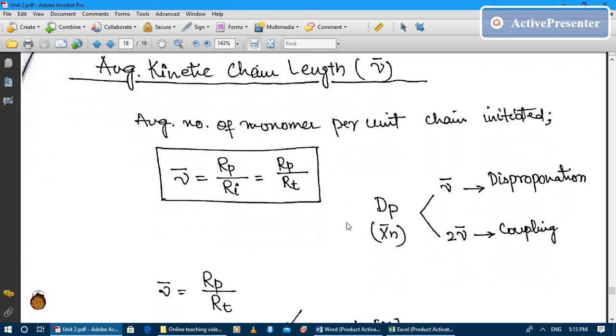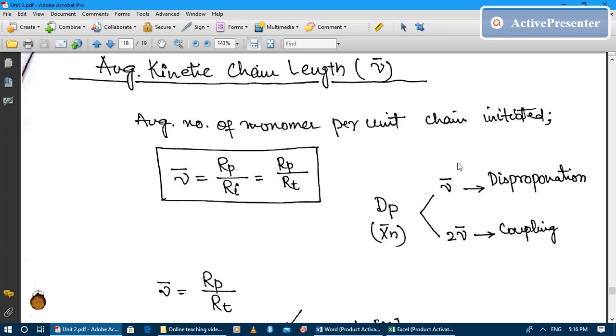Now the degree of polymerization, the number average degree of polymerization, represented as Xn bar, will have two values. Xn bar is equal to nu bar when the mode of termination is disproportionation, and Xn bar is equal to twice nu bar when the chain is terminated by coupling.